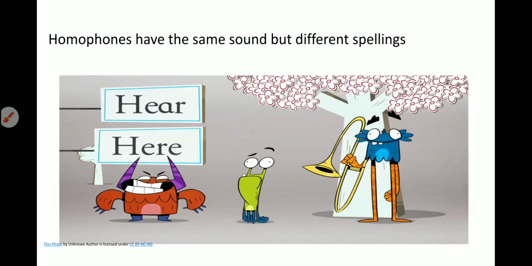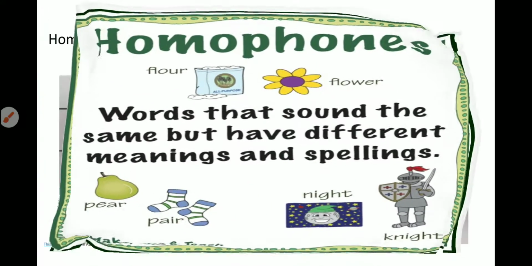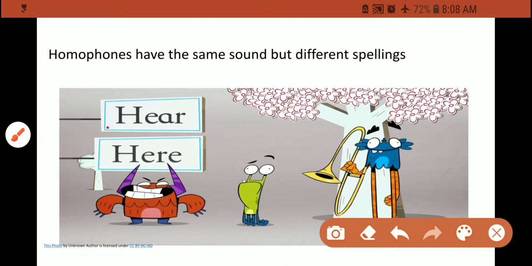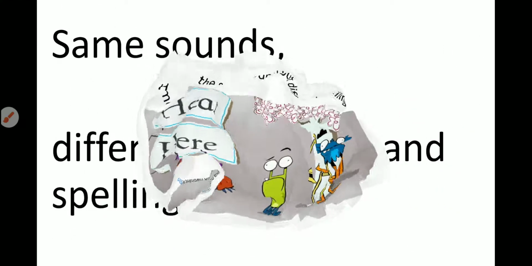Look at this picture also. Can you see here? We have here and we have here. They sound the same, but they don't have the same spelling and they don't have the same meaning.